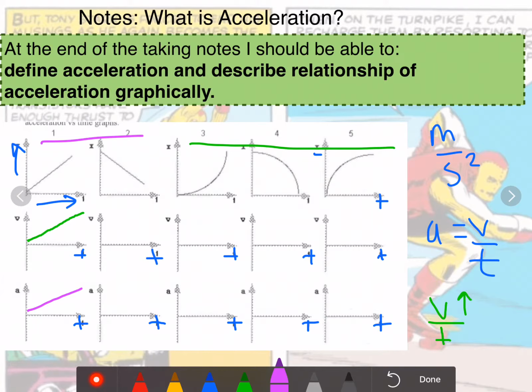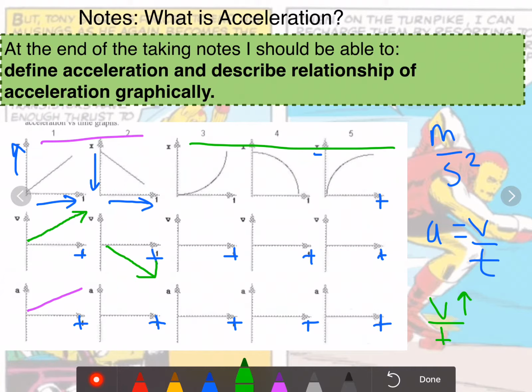Now, going to number 2, if our distance is decreasing and our time is increasing, our velocity is going to be going negative. Negative divided by positive is going to be a negative. We're going to have it going downwards. You have to make them arrows as well because they're vectors. So it's going to be decreasing.